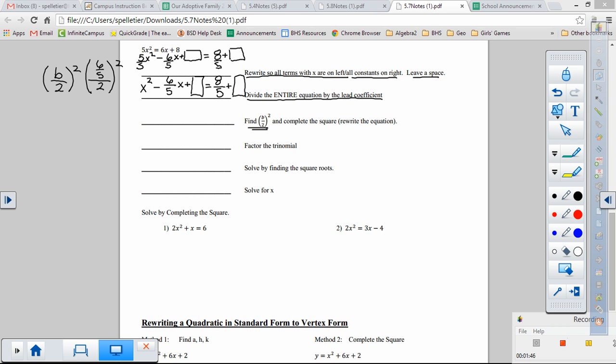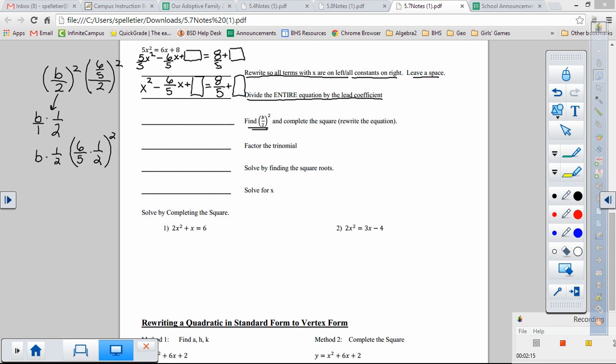So you could think about this as b times 1/2. If I think about it that way, 6/5 times 1/2, squared, that looks a little more familiar to us, and we're able to deal with that a little better.